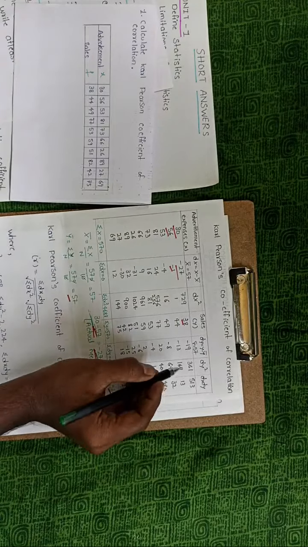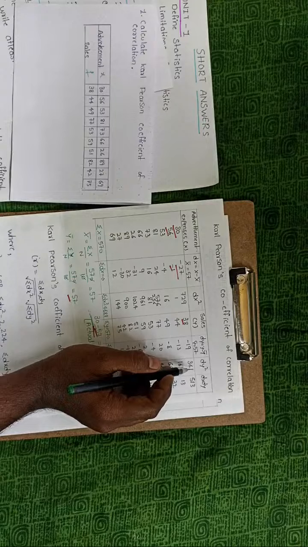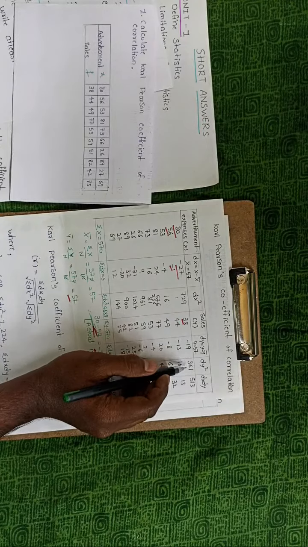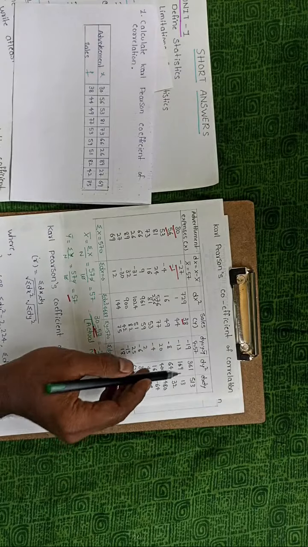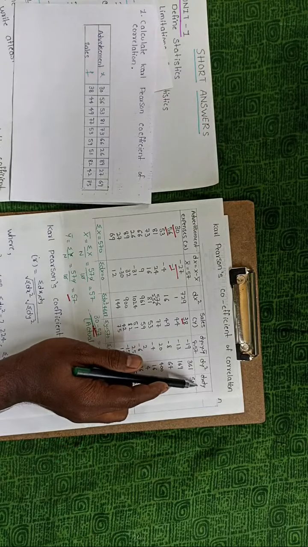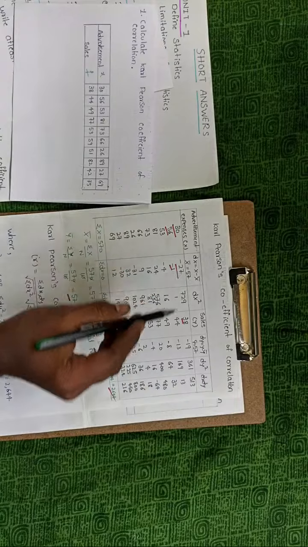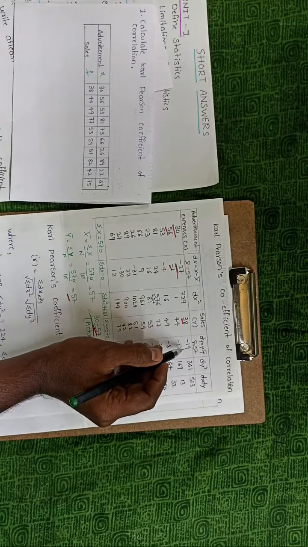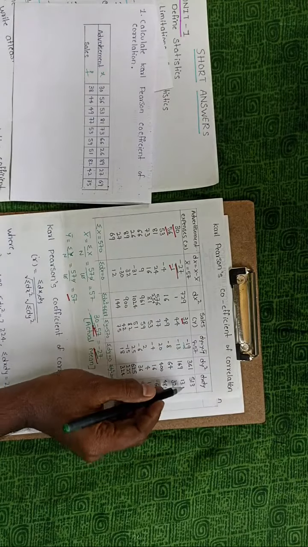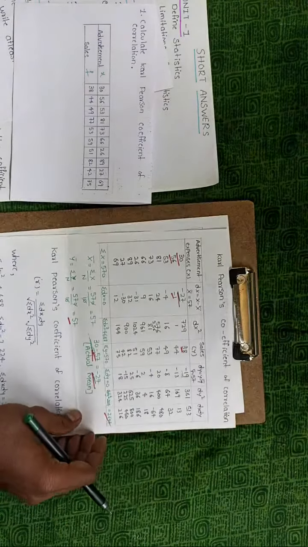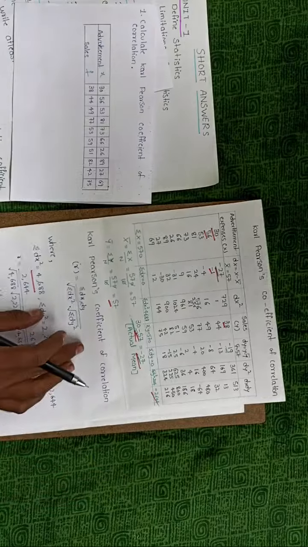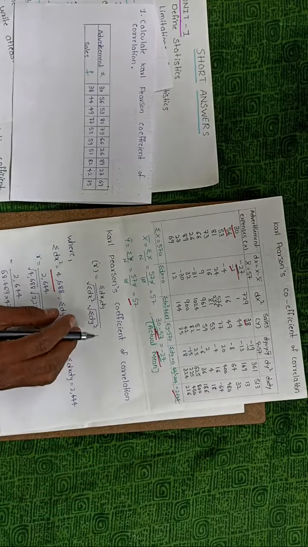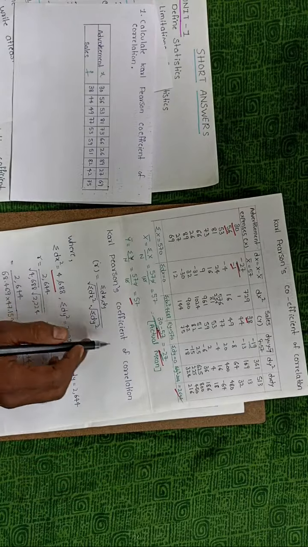And do the same with dy square. 19 into 19 equals 361. Later we have to multiply dx into dy, dx into dy, and we will get 513.